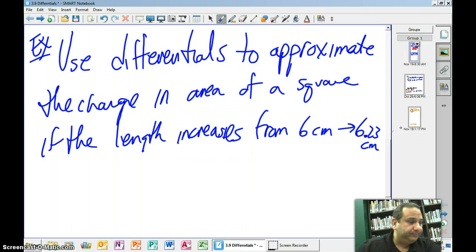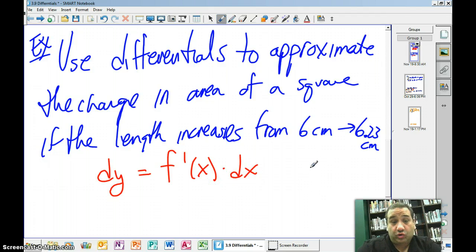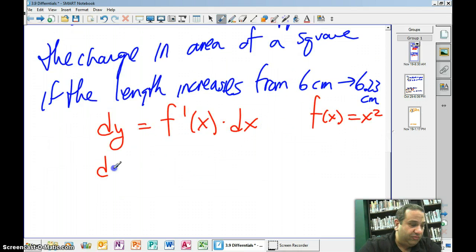So here we go. dy is equal to f prime of x times dx. And the function we're talking about here, our f of x, is x squared. So now we have our derivative. We say dy is equal to the derivative, 2x, times dx.